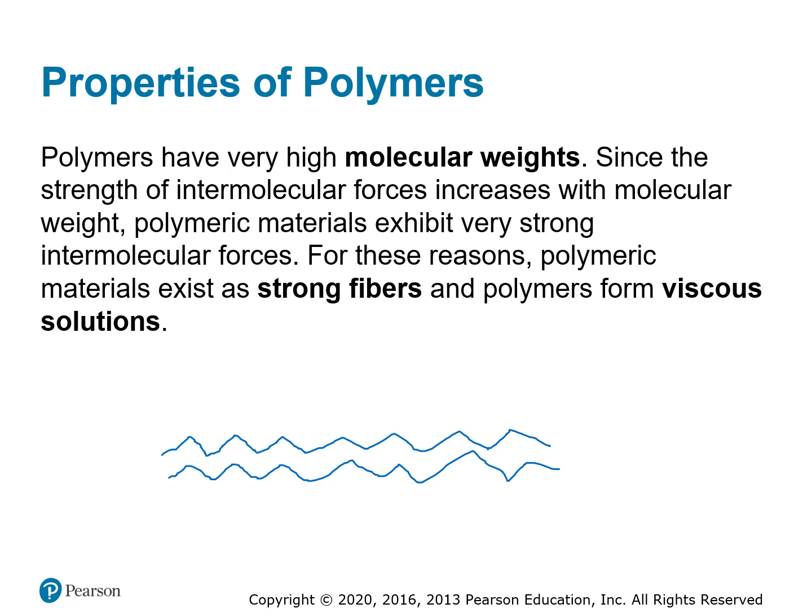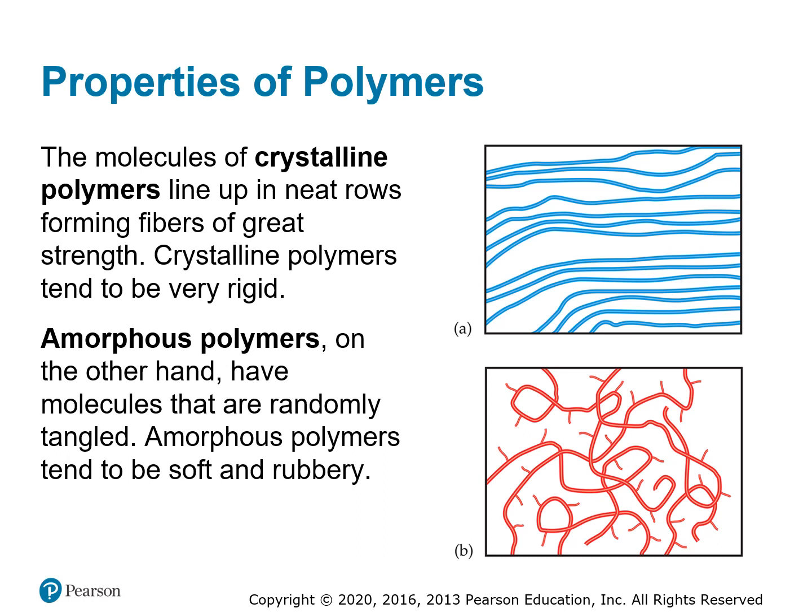But polymers are great. You can make strong fibers and a lot of things. In general, they have very high molecular weights, because there are a lot of atoms. And so they can exist in several forms: as fiber, as viscous liquids, as hard things. So there are several interesting properties in polymers.